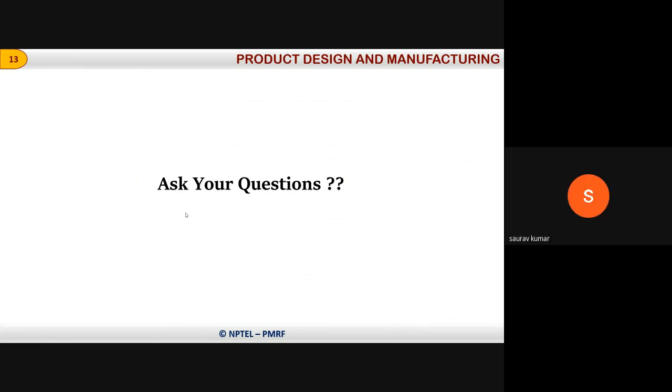Actually, I'm trying to solve assignment number one. I am stuck at one question: design by integration. I want to know what design by integration is, basically.